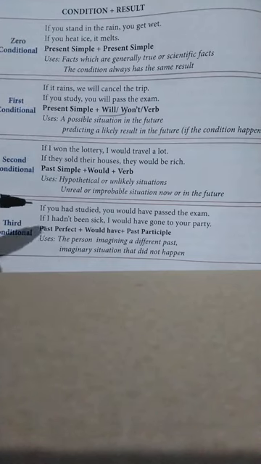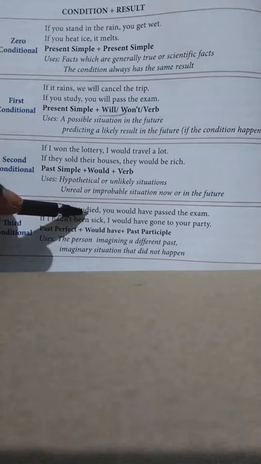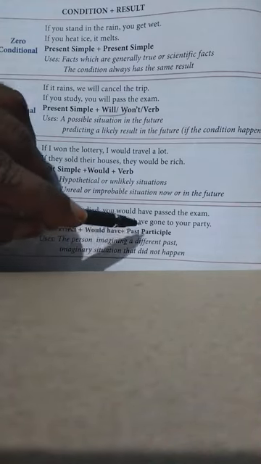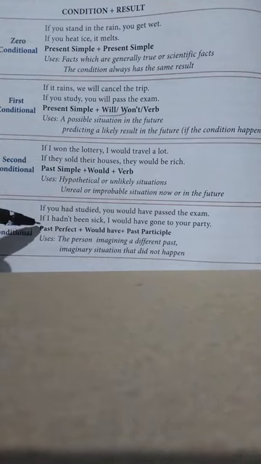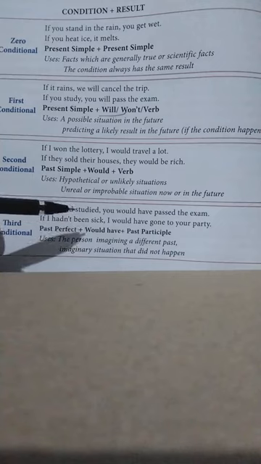Now we will move on. If you had studied, so had, that is past perfect, right? Studied. Would have, past participle means past. So the third. And the second example, what we have learnt is, if I hadn't been sick. See here you cannot write sick, sicked, it is the same, sick.